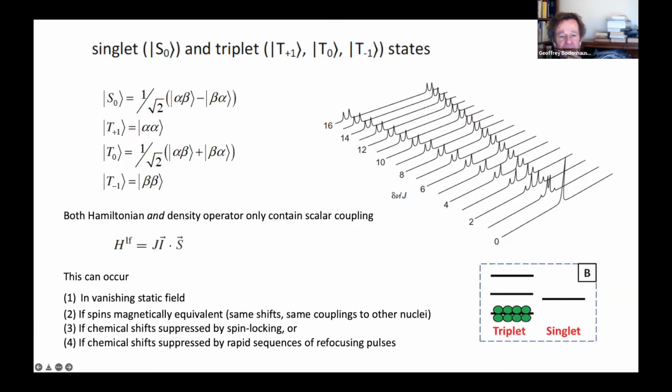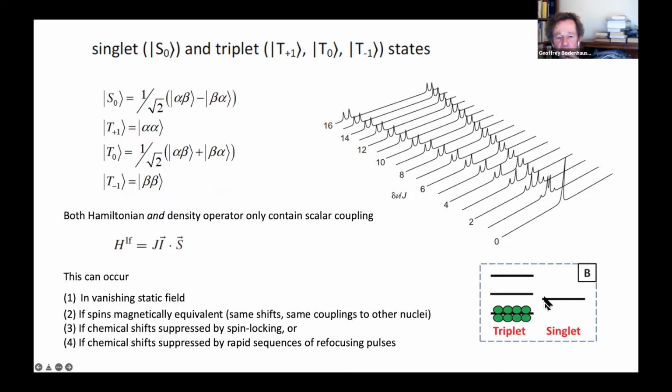Then the alpha-beta and beta-alpha states will combine in such a way that you have either the sum of them, which makes the central triplet state, or the difference, which is the isolated singlet state. Typically these are drawn like in the bottom corner here. We have the 3 triplet states.